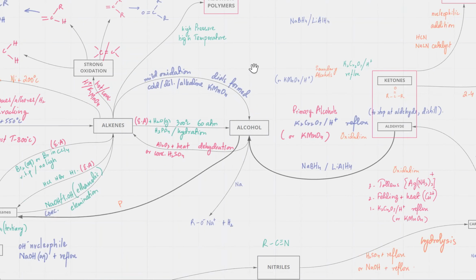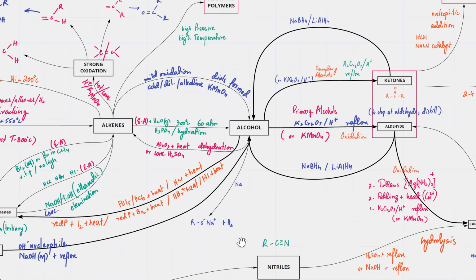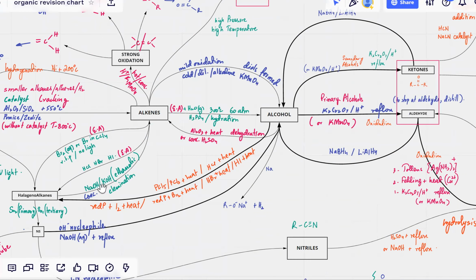Now an alcohol can be turned back. You're talking about this reaction: an alcohol turning back into a halogenoalkane. An alcohol will turn back into a halogenoalkane if you react it with PCl5 with heat, or PCl3 with heat, or HCl with heat.